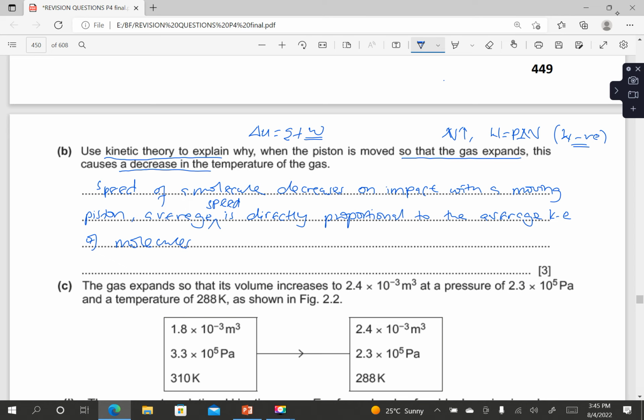So the average kinetic energy of the molecules also reduces, and the average kinetic energy of molecules is directly proportional to the absolute temperature.